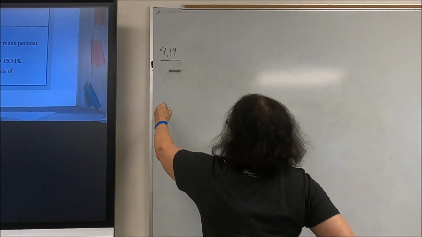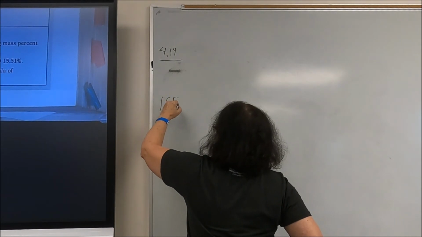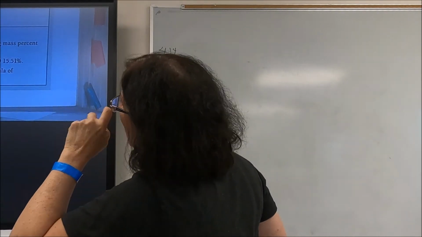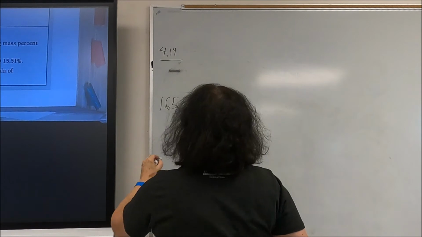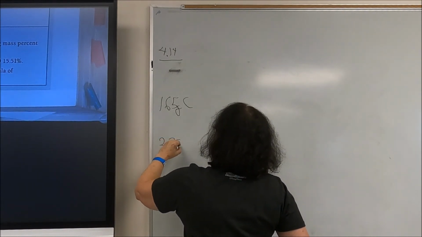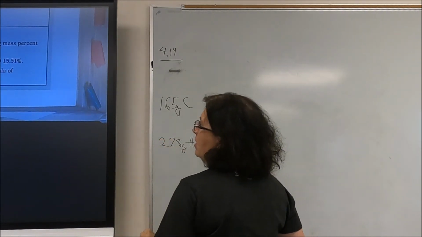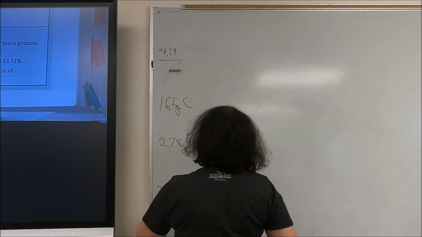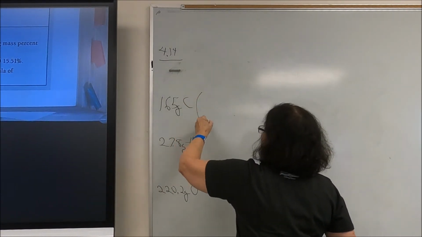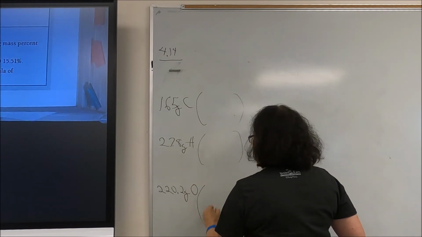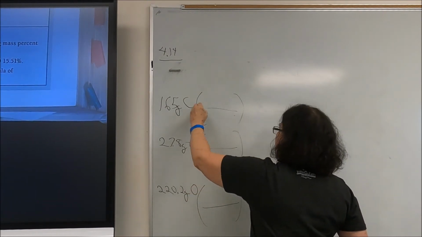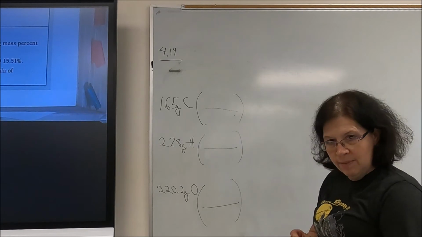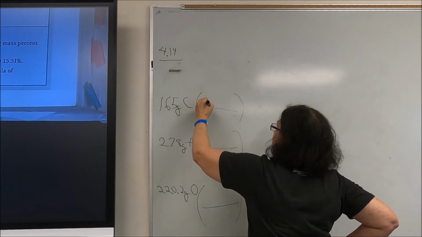So we've got 165 grams of carbon, 27.8 grams of hydrogen, and 220.2 grams of oxygen. Our first step here will be to go grams to moles.